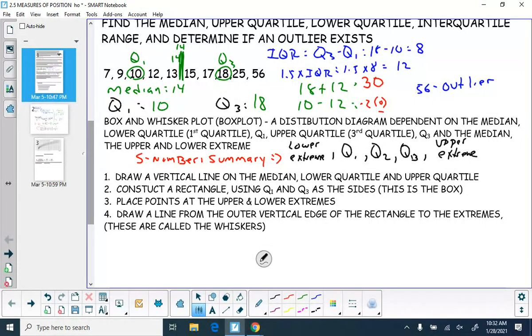So you have lower extreme, that's your smallest value, your lower quartile, your median, which is your second quartile, your upper quartile, and your upper extreme. We use these five numbers to draw our box and whisker plot.